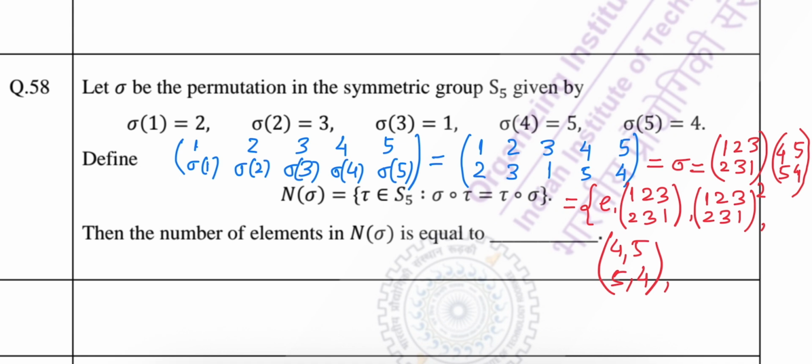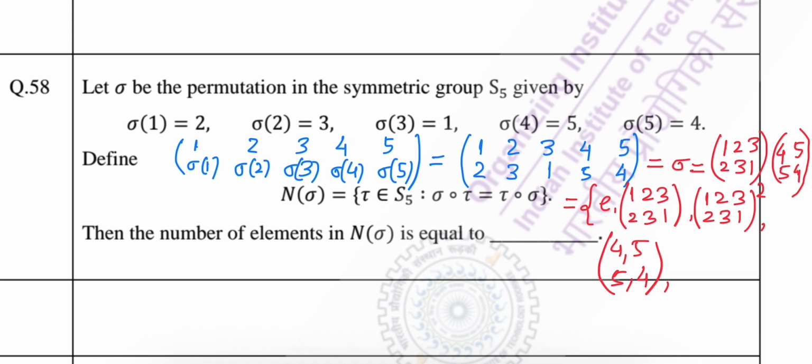And for the next element, we cannot take the power of this, because 4 5 5 4 raised to the power 2 will be the identity element, because 4 5 5 4 is an element of order 2. So an element of order 2 will give you the identity element which has already been taken, okay.